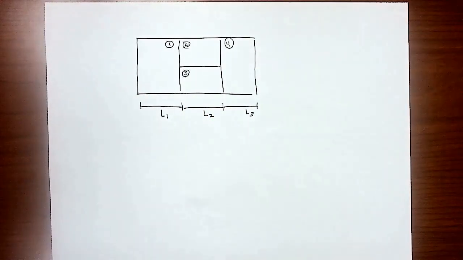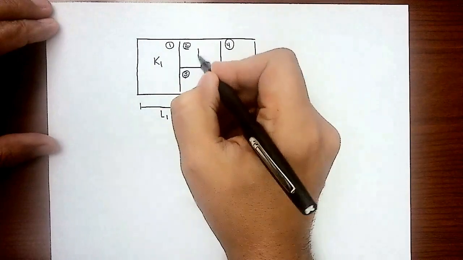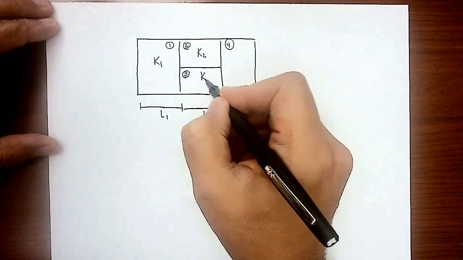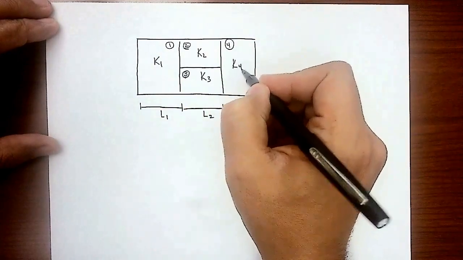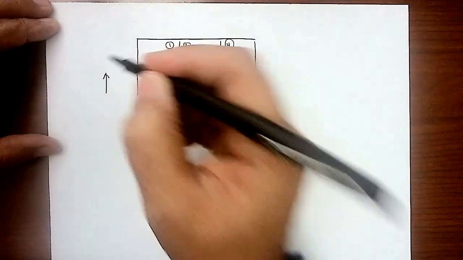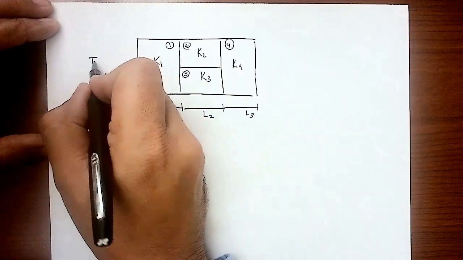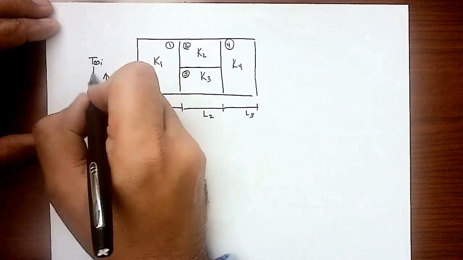So that's the geometry here. They are made of different materials, so that's K1, K2, K3, and K4. And let's assume that I have a fluid that's touching that face with T infinity I and HI.